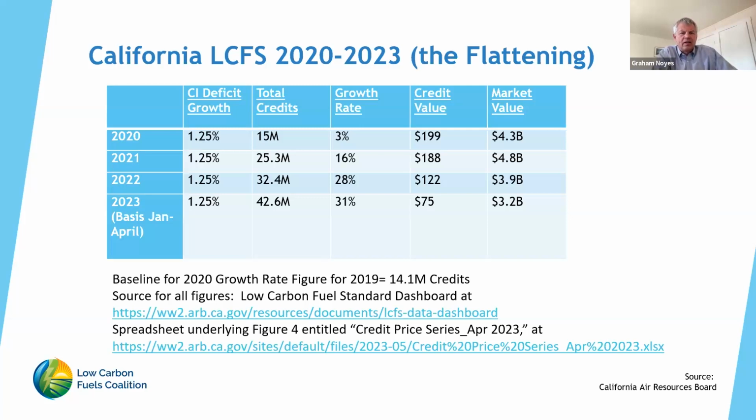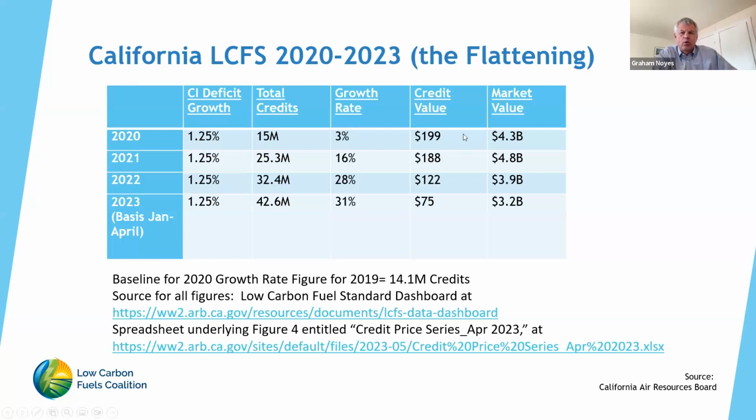So pretty flat in 2020, a nice jump in 2021 to 16% year on year, very substantial jumps in 2022 and 2023. And that 2023 is obviously a projected figure that assumes that just the first 4 months was indicative for the whole year. We don't know that, but that's what it's showing so far.